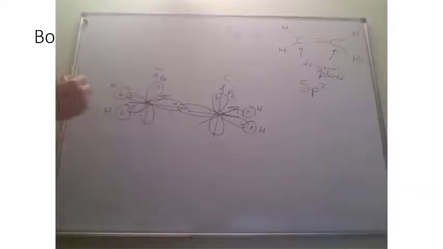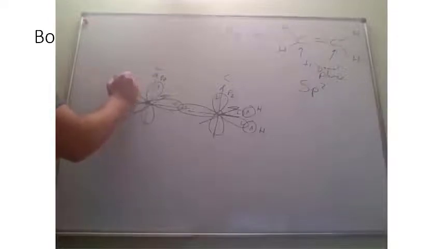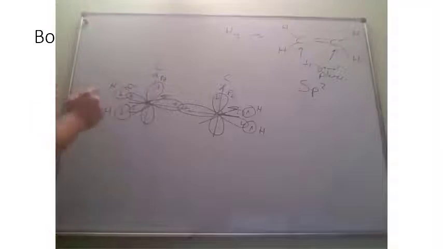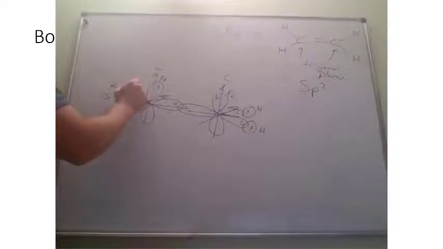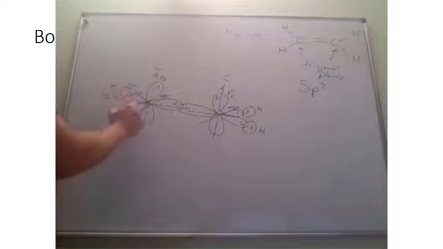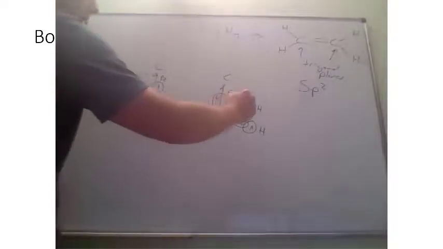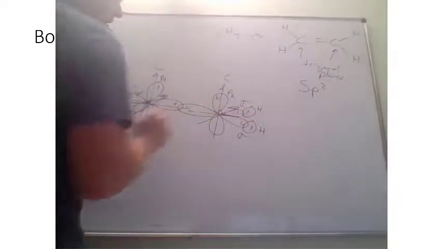Okay, so what we see here is we have a sigma bond, direct overlap between our hydrogen and our carbon through the s orbital and the sp2 orbitals in each of these different cases. So we have a sigma bond, another sigma bond, another sigma bond, another sigma bond.